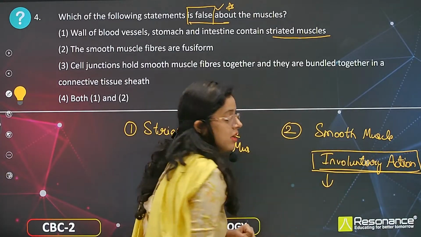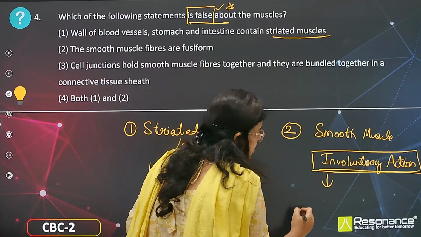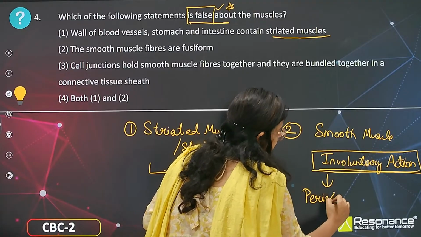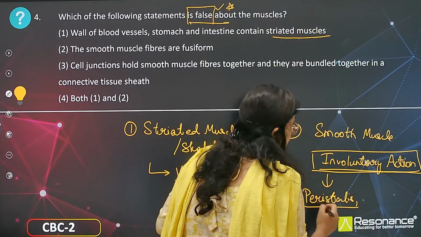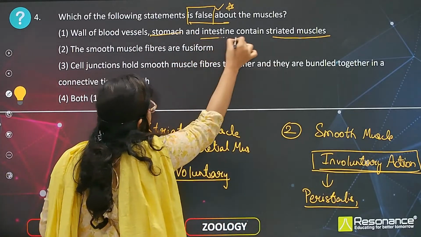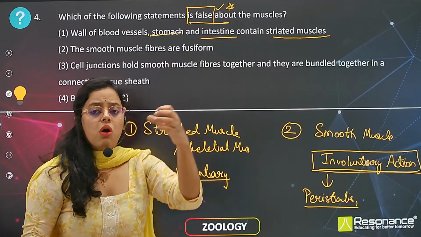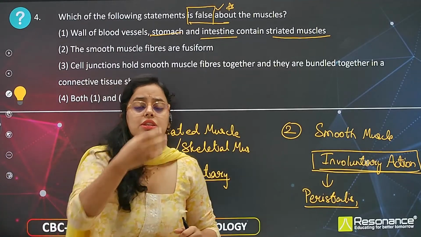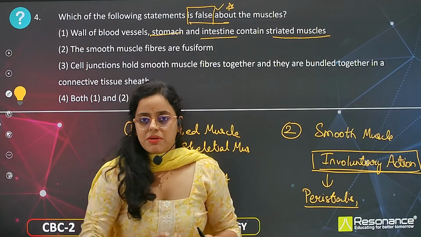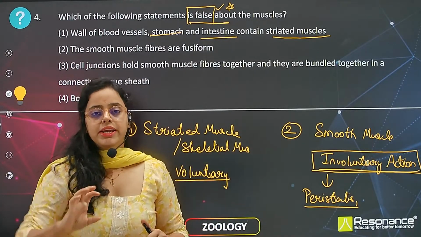Involuntary actions can be seen in respiration, breathing, or in digestion by peristaltic movement. These kinds of movements are done by smooth muscles. If you see the stomach and intestine, they have peristaltic movement. Why do they have to do peristaltic movement? They have to contract and relax so that the food can go from the esophagus to the stomach, from the stomach to the small intestine and large intestine, and undigested food material can be excreted.